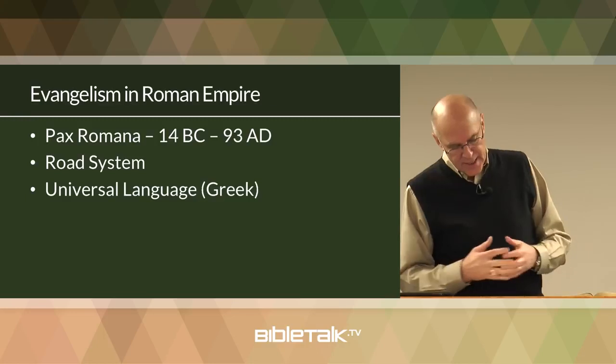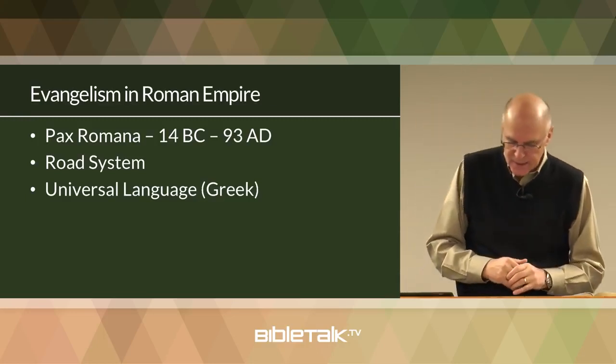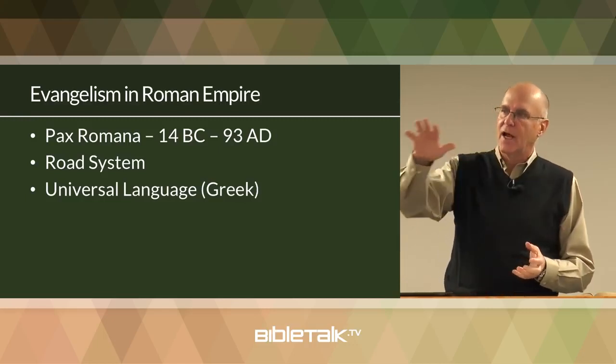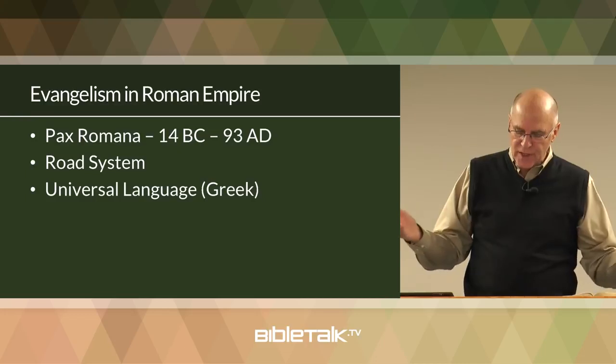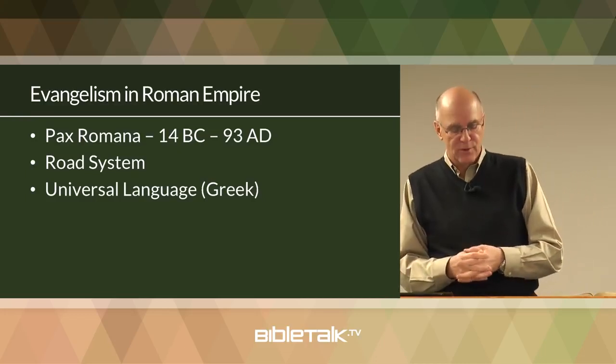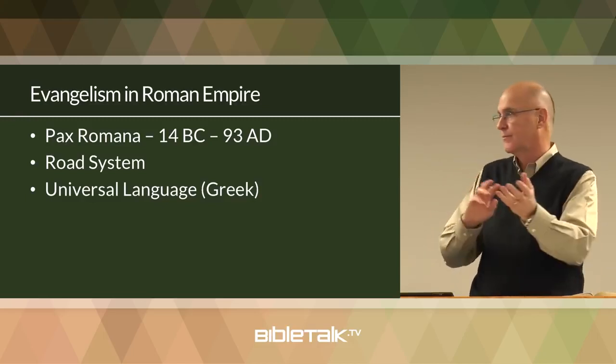Also, a third thing is that during the Roman Empire, they maintained communication and a literary system on a universal plane. In other words, the Greek language was universal as the language of good literature and communication between cultures.